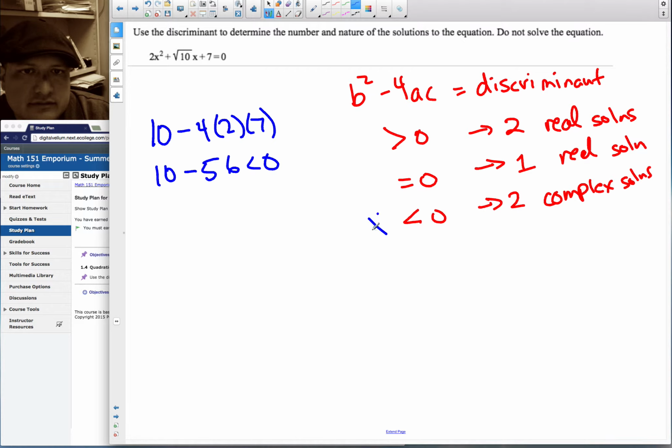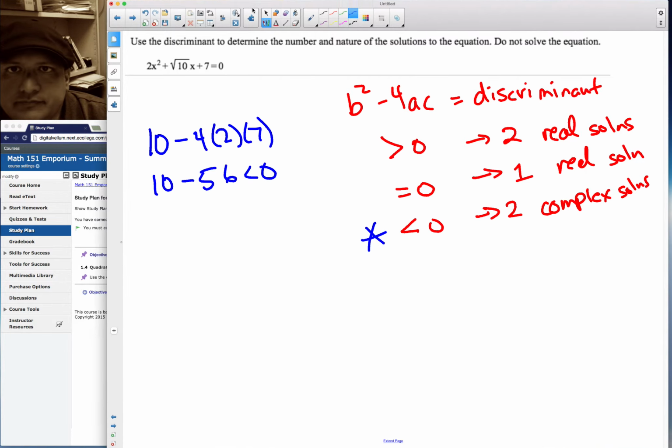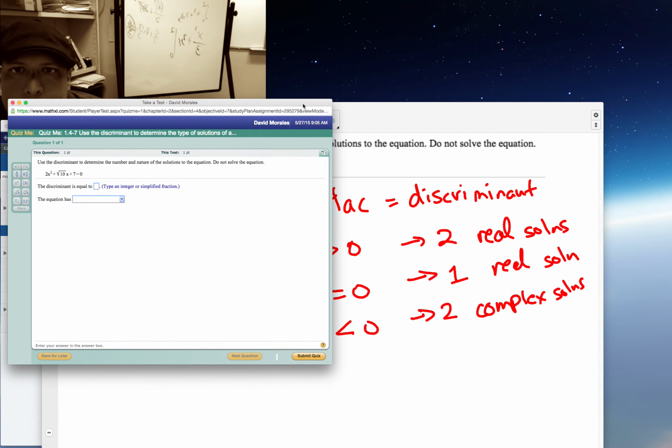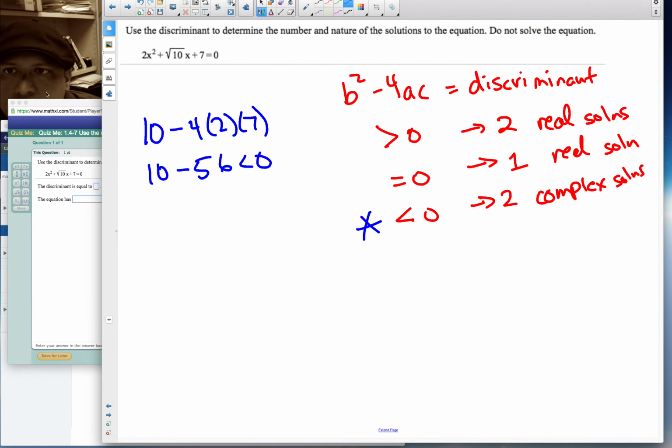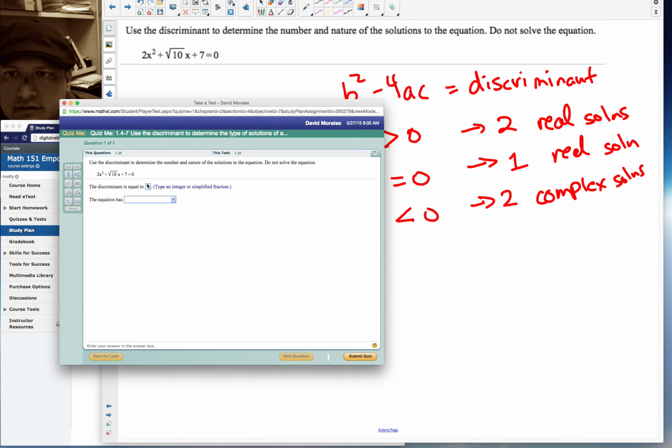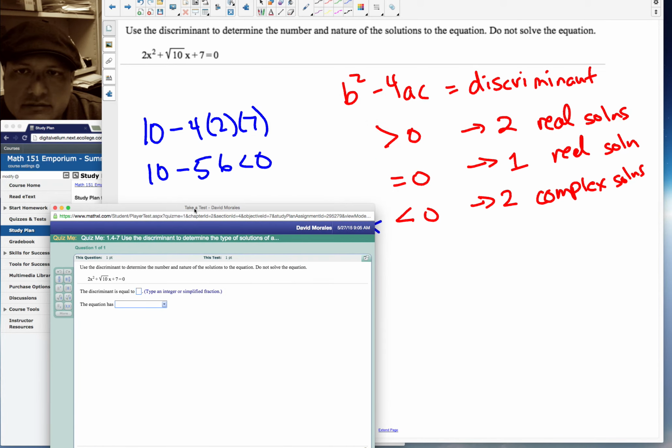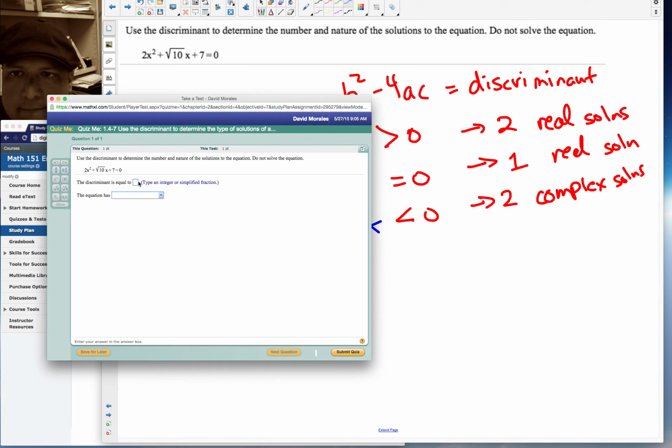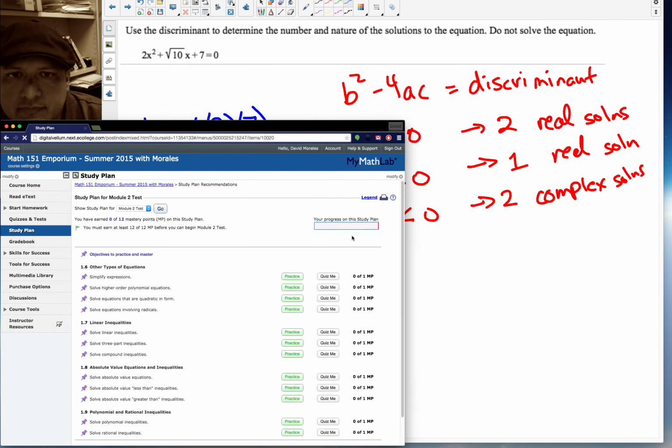So it's going to have two complex solutions. The discriminant is going to be minus 46. And it has two non-real solutions. Non-real is complex. And we're done with that section.